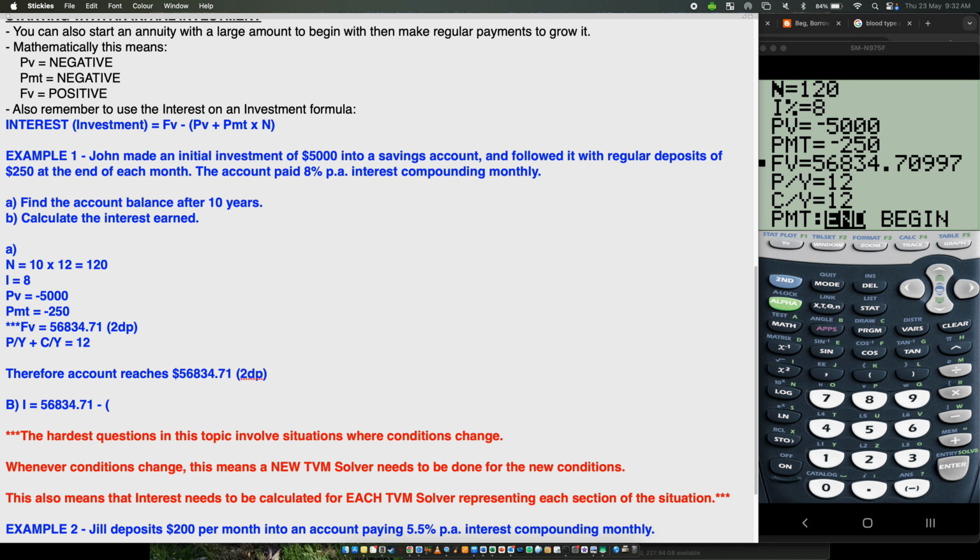Did he put a big chunk in at the start? Yes. Did he put a lot of little chunks over time as well? He put 120 of those little chunks. So it's going to be minus $5,000 plus the 120 payments of $250. So it's 250 times by 120. That's the working out you would chuck in your calculator.